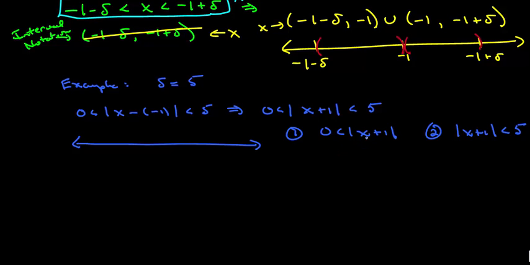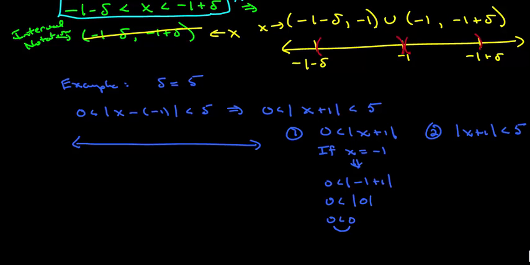Well, this just says that the absolute value of x plus 1 has to be greater than 0, which means that x can't be -1, because if x was equal to -1, watch what happens. 0 is less than the absolute value of -1 plus 1, so 0 is less than the absolute value of 0, so 0 is less than 0. But that's not true. 0 can't be less than 0.